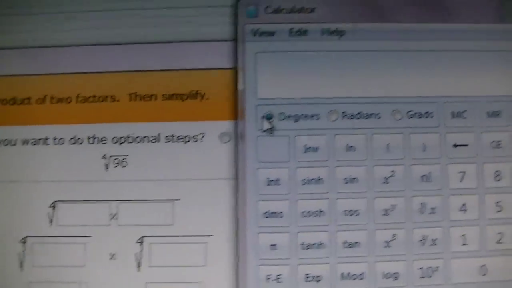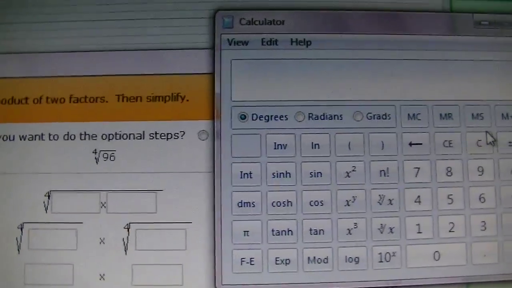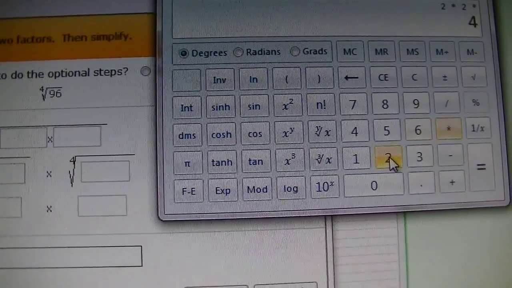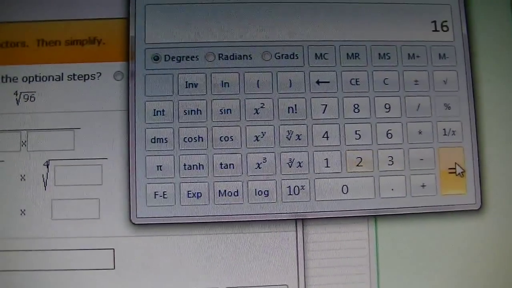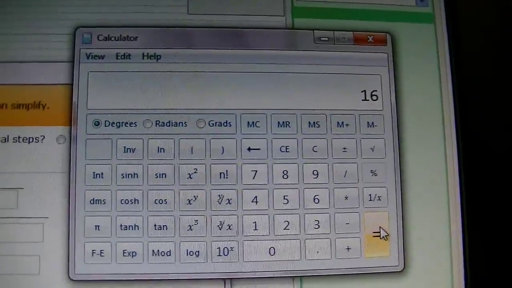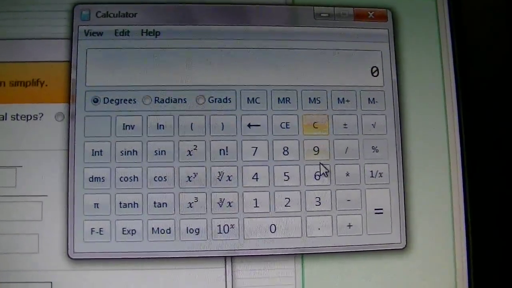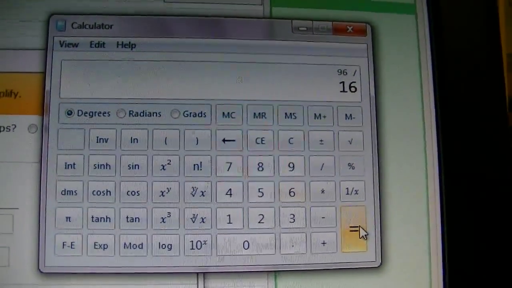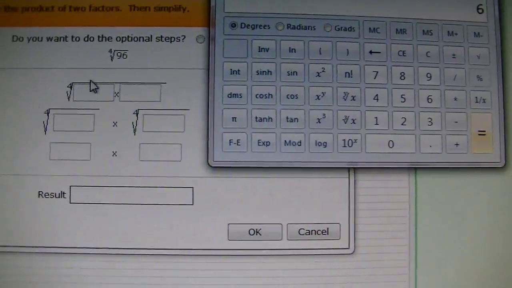And since it's fourth roots, we want to try things that are possible fourth roots. So like 2 times 2 times 2 times 2 is 16. So the fourth root of 16 is 2. So that's a good one to try. So let's see, is 96 divided by 16 an even number? Yes, it's 6.